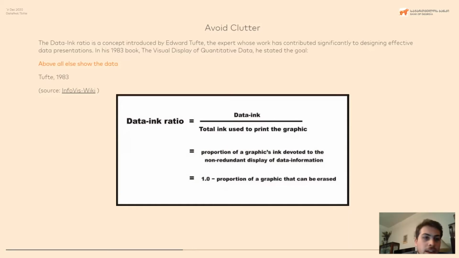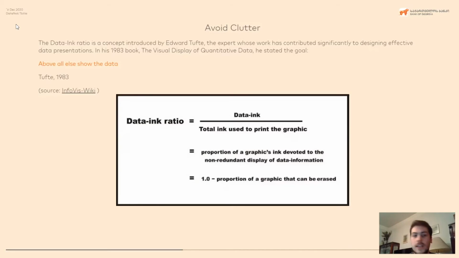So the higher the ratio, the better the visualization. It can also be interpreted as the proportion of a graphic devoted to the non-redundant display of data information. And it's the same as 1 minus the proportion of a graphic that can be erased. So it should be very high in order to have effective visualization.